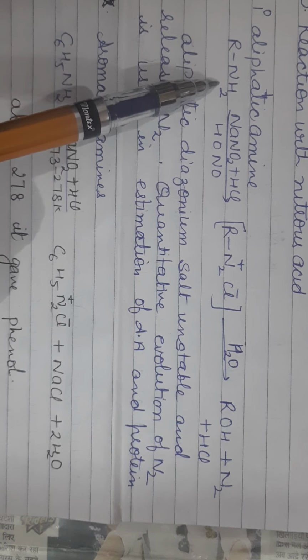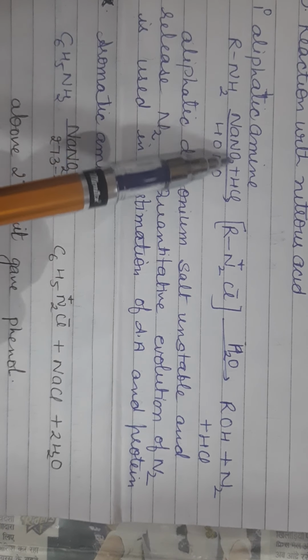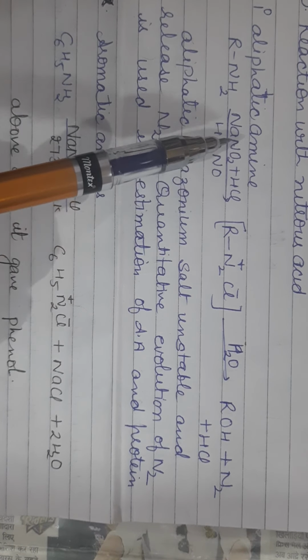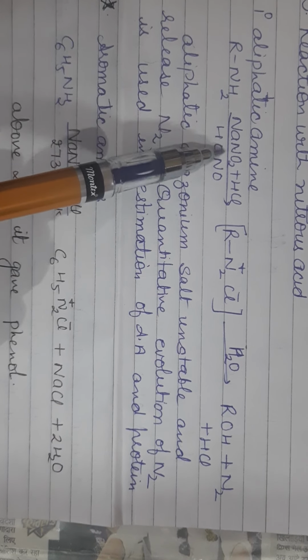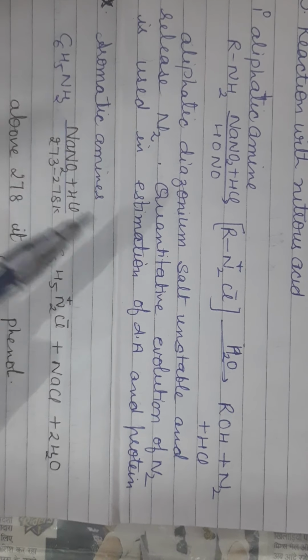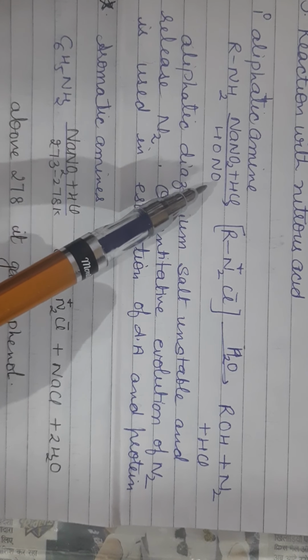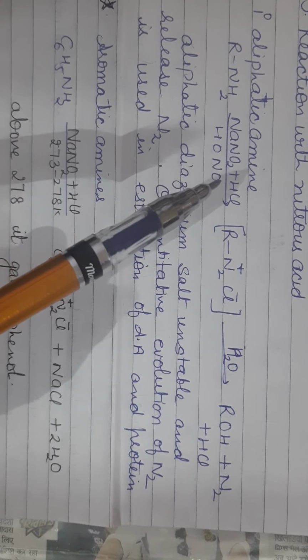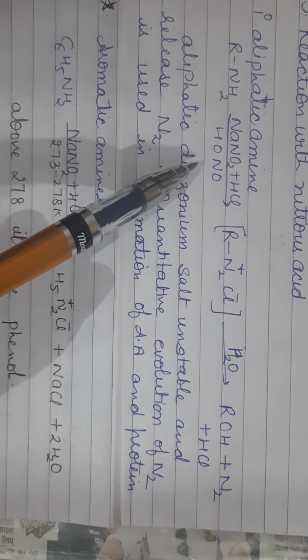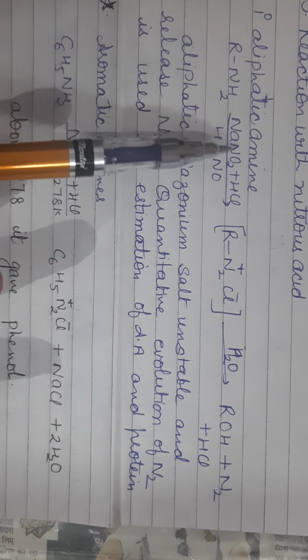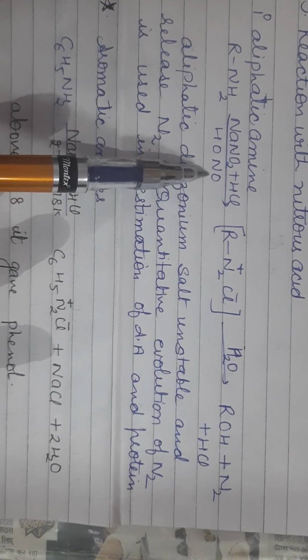Here primary amines react with nitrous acid, which is obtained by reaction of NaNO2 with HCl. Sodium nitrite when reacted with HCl gives nitrous acid. So they react with nitrous acid in the presence of HCl.